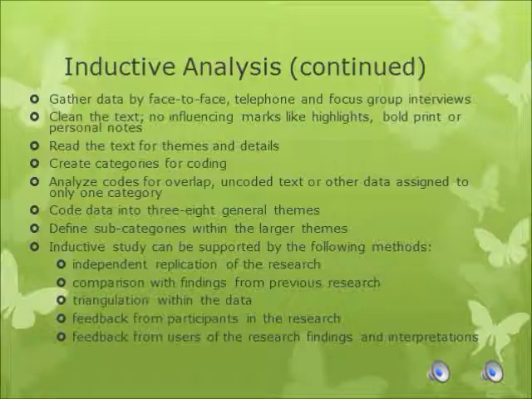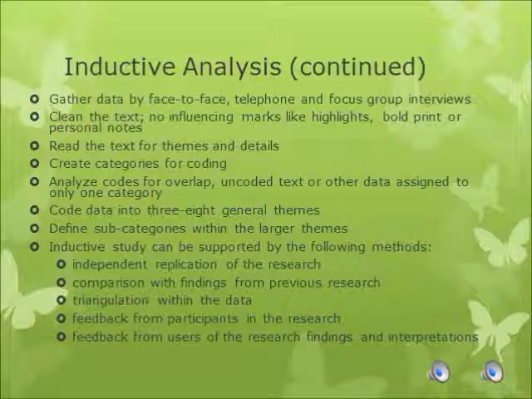So the coders are really looking at different patterns within the data, again looking for overlap, things that may be uncoded, or things that may be only in one category. The themes ideally are generalized into 3 to 8 categories, and within that, other subsets are then looked at within the larger themes.